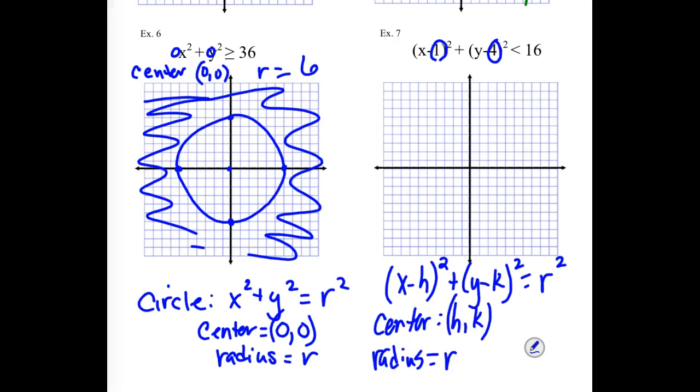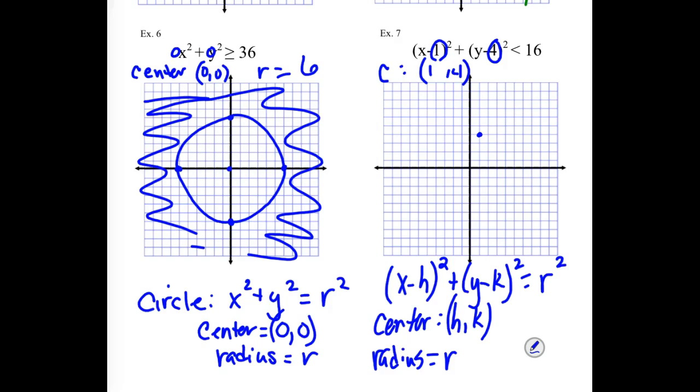So we went right 1 and up 4. Another way to look at it is what makes each of those parentheses 0. Okay, so x minus 1 is 0 when x is 1. Y minus 4 is 0 when y is 4. That's my new center. Okay, so (1, 4). I'm going to put a dot there.